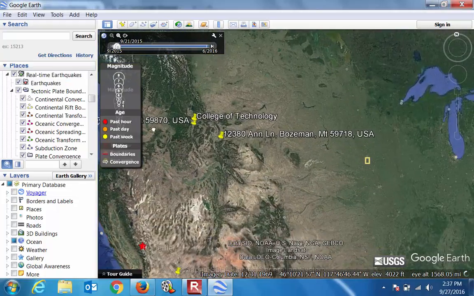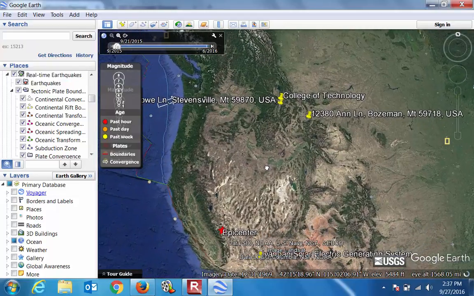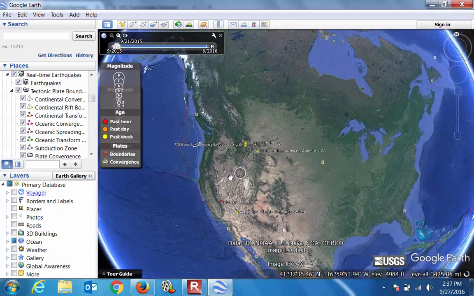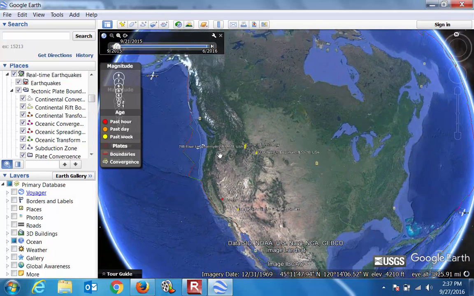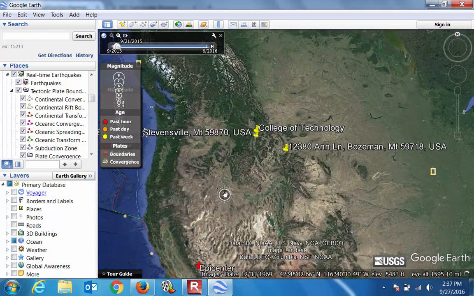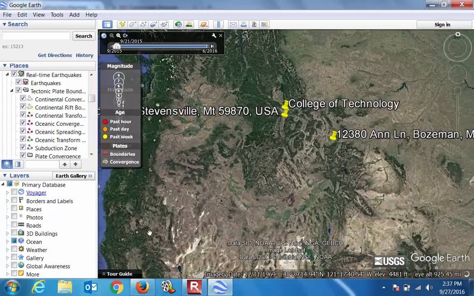But let's take a look now at that Snake River Rift. Snake River Rift comes in out of Oregon. And it's a continental converging, so the white is what we're looking for. If you're taking your quiz and you say, what is a converging plate boundary?